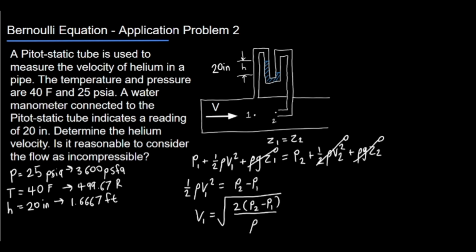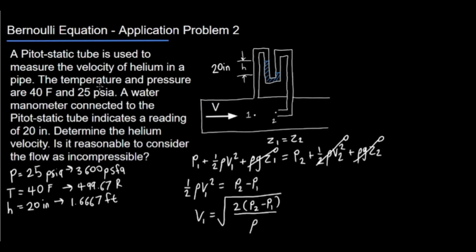I'm going to start on a new page here because this is going to get a little messy. But the density of helium, so actually, if we go back, this fluid is helium. We only touch water for this pressure balance. And we don't know the density of helium. We need to go figure that out, which is going to be difficult. So we need to use the ideal gas law.